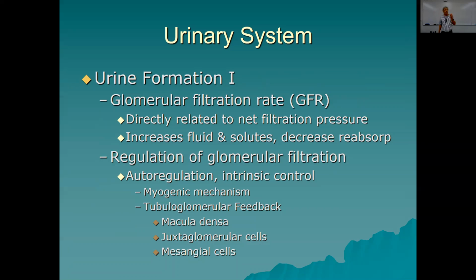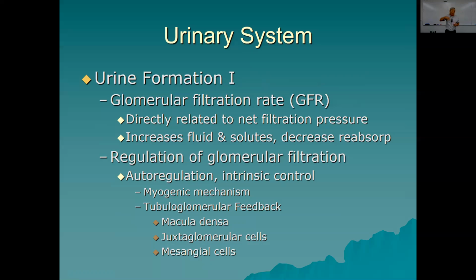In the proximal convoluted tubule, its major function is to reabsorb lots of the stuff that was filtered at the glomerulus. Some of it 100%, like all the small proteins, all of the glucose, lots of the sodium, potassium, calcium, vitamins, everything is brought in.